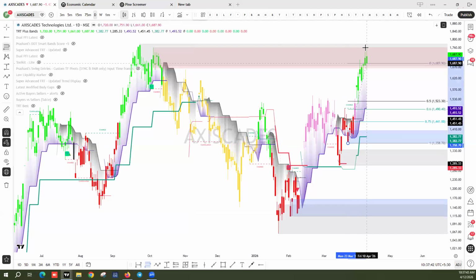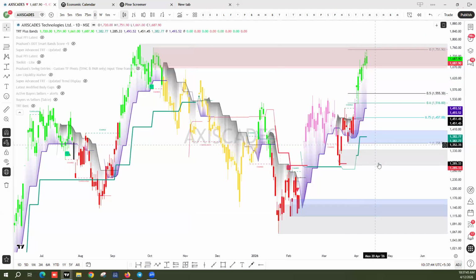Okay, so Axis, it has started an uptrend, bias is bullish, momentum is bullish. I will look for a retracement entry. If it gives me a retracement, that will be very good. Slightly below 60%, or we can keep it between 50 to 60%.